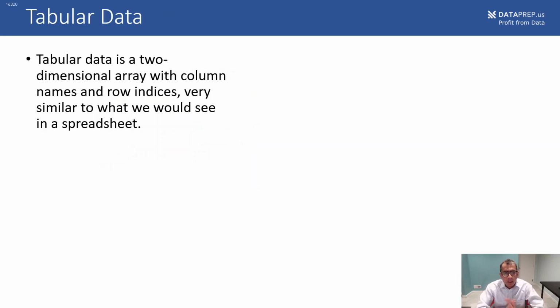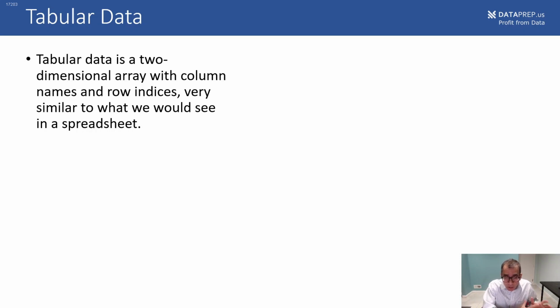Now, tabular data. Tabular data is the most familiar form of data that we have. It's really just a table. It has rows and it has columns. So in a way, it is a two-dimensional array. The difference between tabular data of the kind that you would find in most statistical software, including in Python, which is what we will be using for the coding sections of this course, is the fact that in an array, the dimensions don't have names.